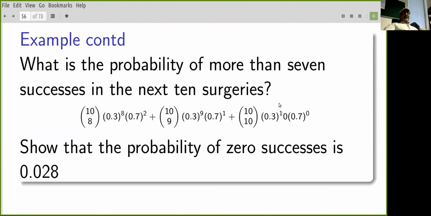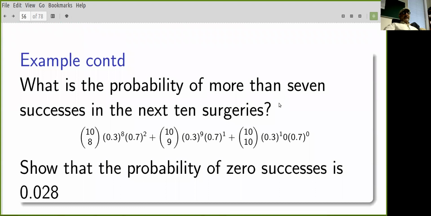What's the probability of more than 7 successes in the next 10 surgeries? You break that into cases. It would be the probability of exactly 8 successful surgeries, plus the probability of exactly 9, plus the probability of exactly 10.